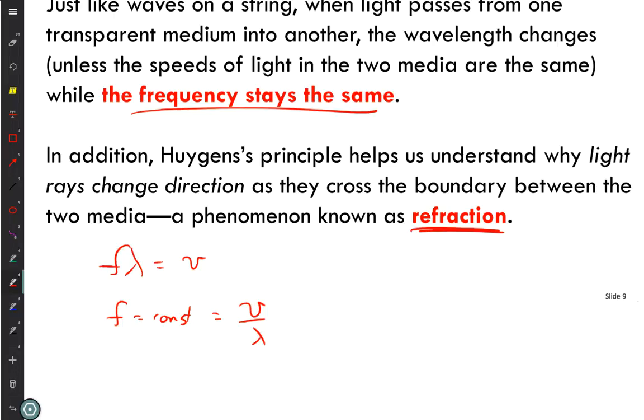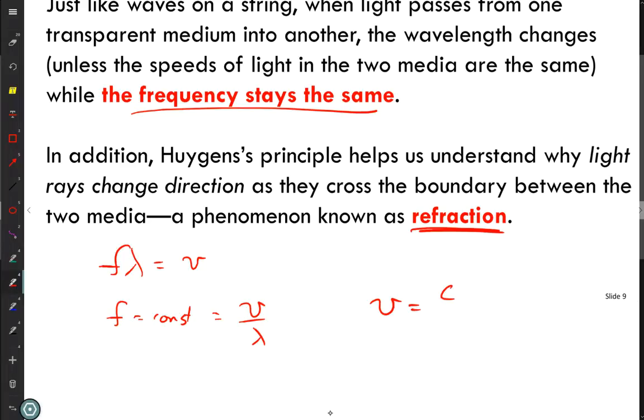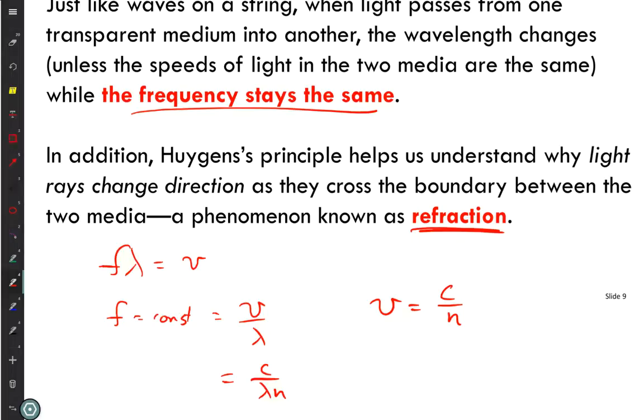If speed goes down, the wavelength gets shorter. We can also write, since speed is equal to the speed of light in vacuum divided by n, that this is equal to c over lambda n. So lambda, the wavelength, multiplied by n, the index of refraction, has to remain constant when you go from one material into another.